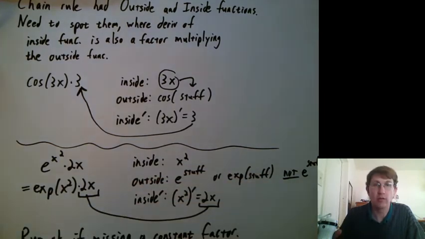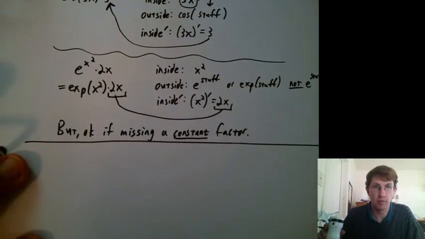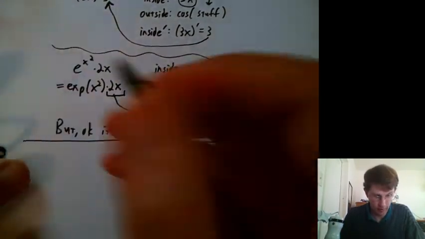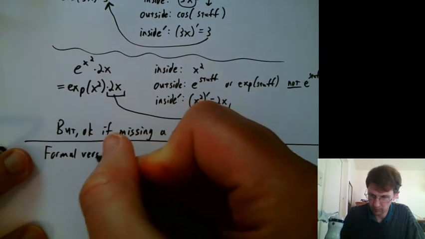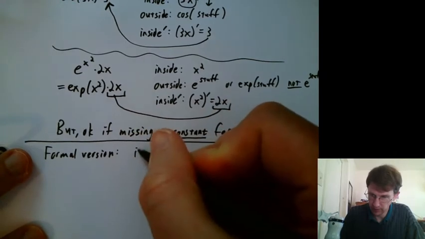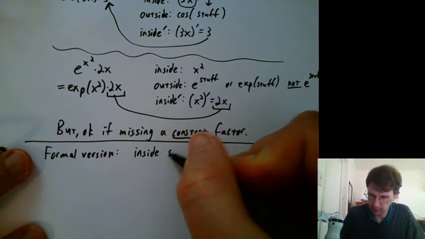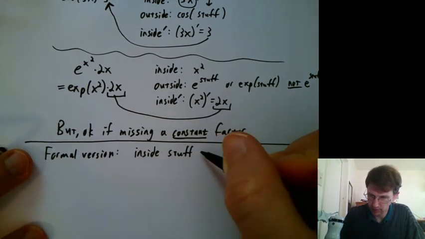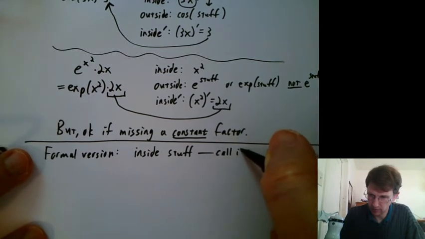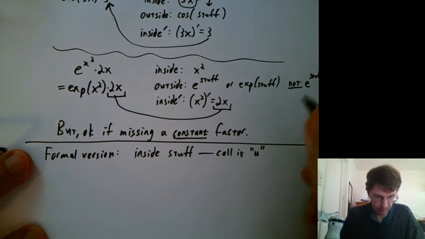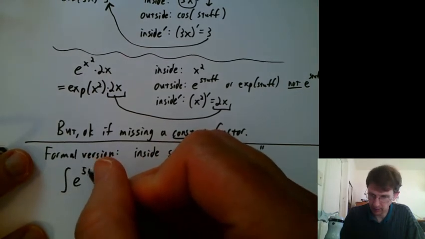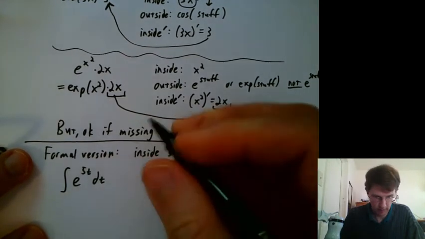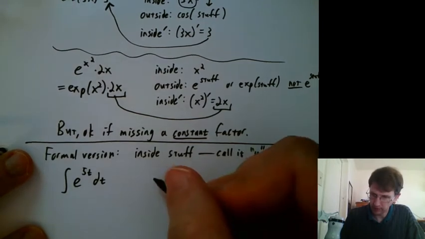So let's do a formal version of this using the letter u. The inside stuff, we're going to call it u. So if I have the integral, let's say, of e to the 5t dt, what is the inside stuff?